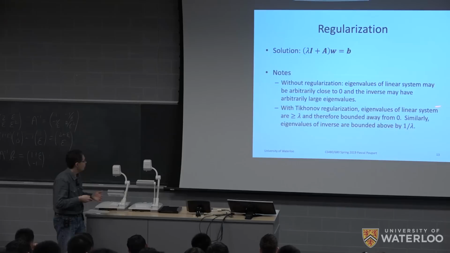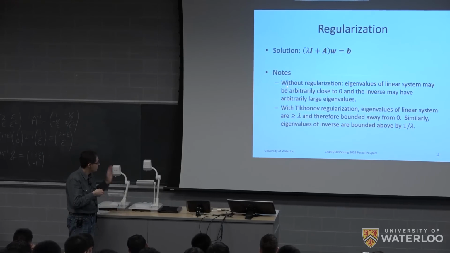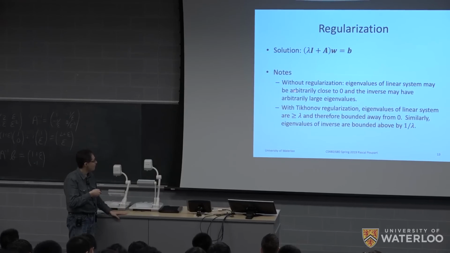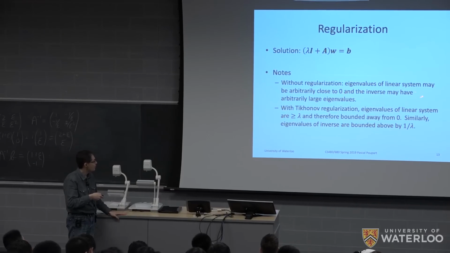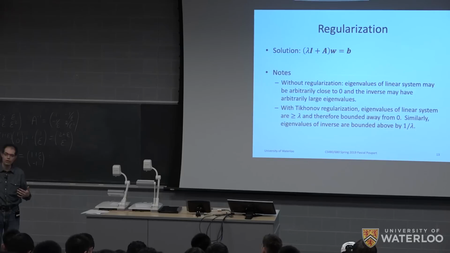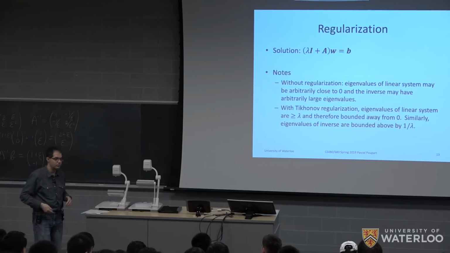Whenever we simply minimize Euclidean loss and we do not regularize, the eigenvalues of the linear system might be arbitrarily close to 0, and then taking the inverse might be unstable, might lead to arbitrarily large eigenvalues, and that might lead to the type of error that we saw.